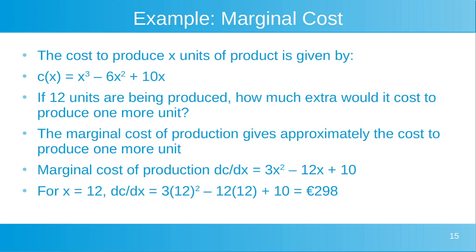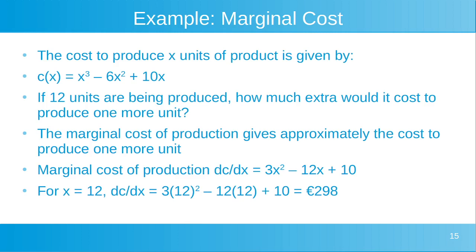To go further into this example, the cost to produce x units of product is given by this equation. C as a function of x is equal to x cubed minus 6x squared plus 10x. Our question is, if 12 units are being produced, how much extra would it cost to produce one more unit?